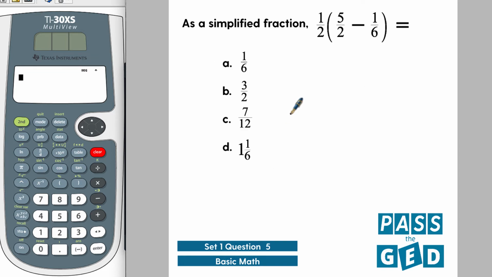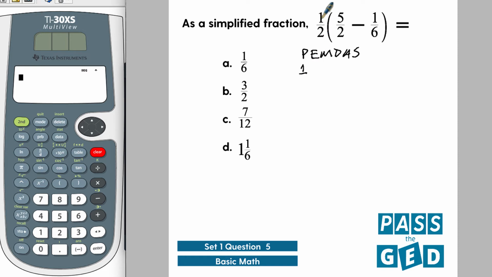Question 5. As a simplified fraction, you have 1/2 times the quantity 5/2 minus 1/6. All right, so first thing is, this is a bit of a PEMDAS problem, or order of operations. So we have to do the parentheses first here, which actually involves subtraction, but it's parentheses first.